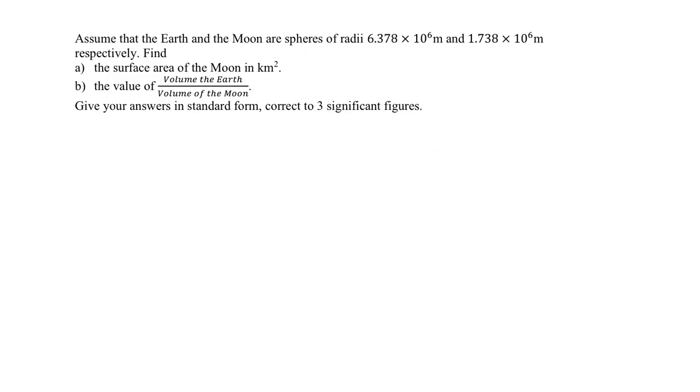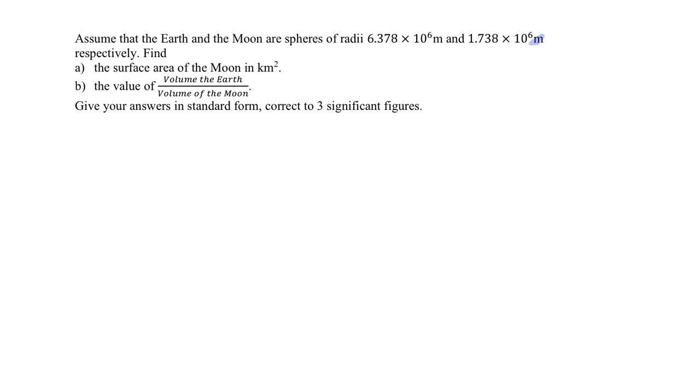Hello everyone, welcome to this part of the video where we are to assume that the Earth and the Moon are spheres of radius. For the Earth it would be 6.378 times 10 power 6, and for the Moon it will be 1.738 times 10 power 6. And these are given in meter.